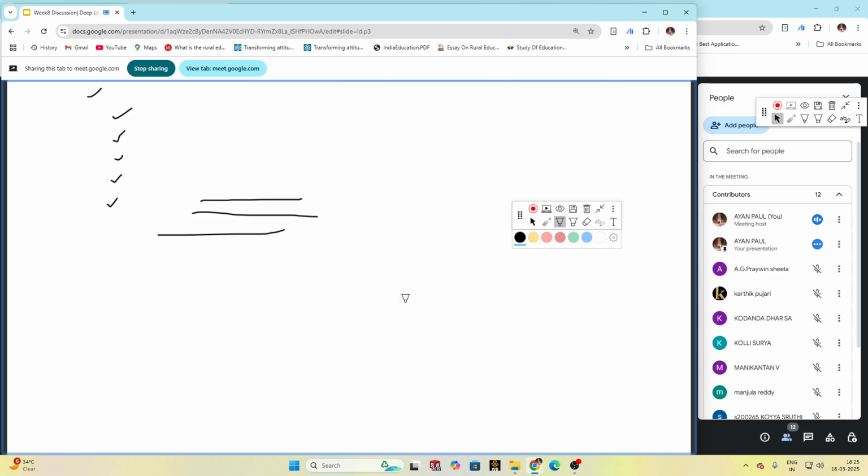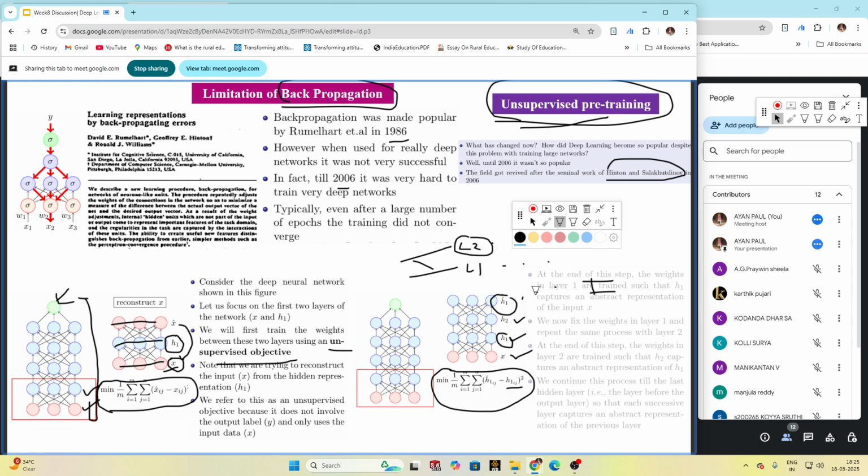Why is it called unsupervised pre-training? Because in this pre-training step we are not giving any labels to the input as well as the output. Whenever we calculate the loss function in supervised training, we give labels to both input as well as output.